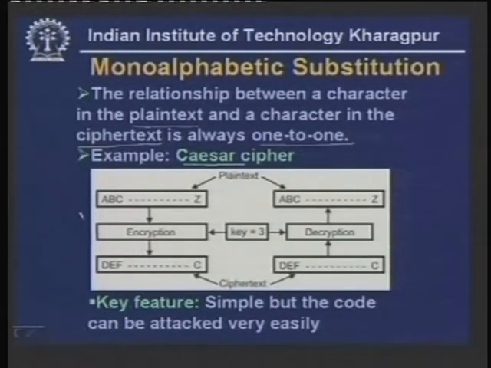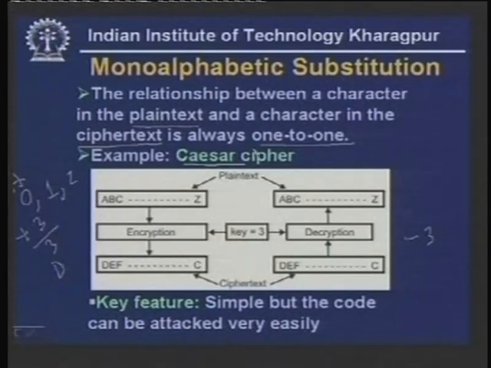Usually the characters can be represented by numbers. For example, A can be represented by 0, B can be represented by 1, C can be represented by 2, and so on. Now, if you add 3 to the number, that means say 0 plus 3 will make it 3. So, in place of A we shall be using D. Similarly, when we do the decryption, then you have to subtract 3.